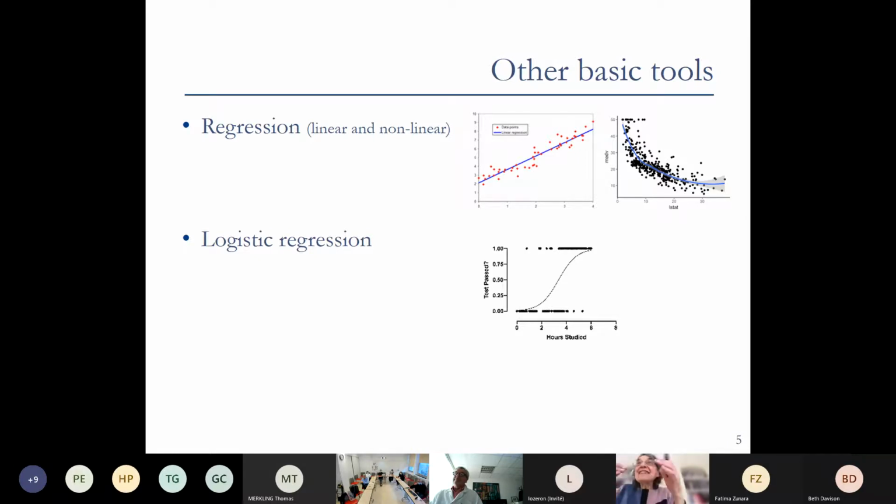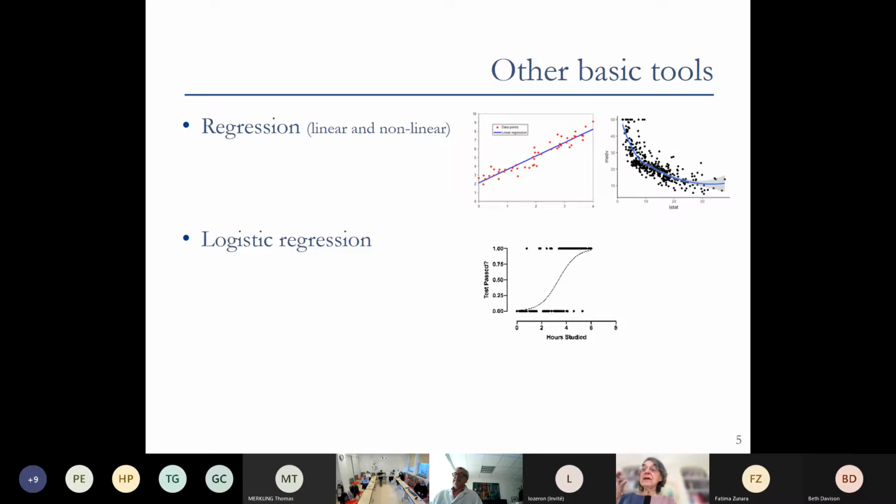Next, please. And then there's logistic regression, which is a little more complicated. I would say it's the next level up in tools, where you have an x-axis, which is a continuous variable. Here it is hours studied. And on the y-axis, you ask whether the person passed the test or not. If the answer is failed, that gives you a little dot at the bottom, so your outcome is 0, or you succeed, you pass the test, and then you get a 1.